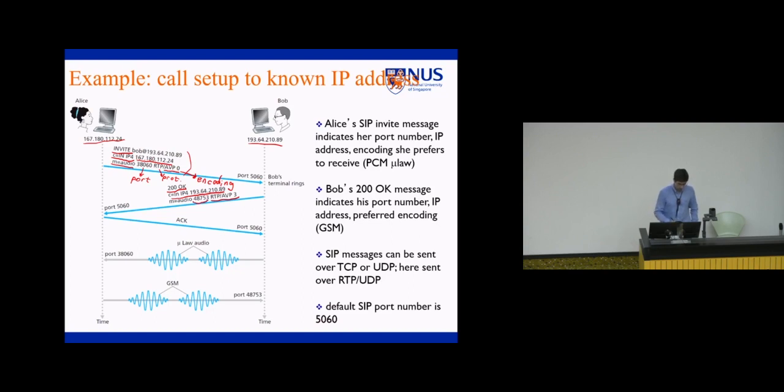And then Alice's client device will send an acknowledgement. This port number here is the SIP port number, but they agreed on a different set of port numbers for exchanging their RTP messages later on.